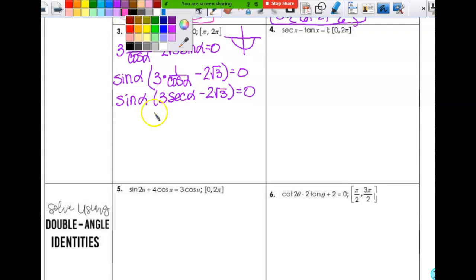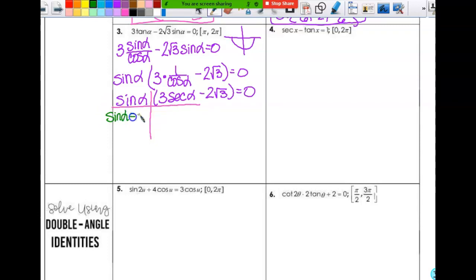So that means that I'm going to split these up, and then I can get sine alpha equals 0. So from pi to 2 pi, I know that sine is 0 on the x-axis, so it's at 0, pi, and 2 pi, but I'm only going from pi to 2 pi, so I'm going to use those. So alpha equals pi and 2 pi.